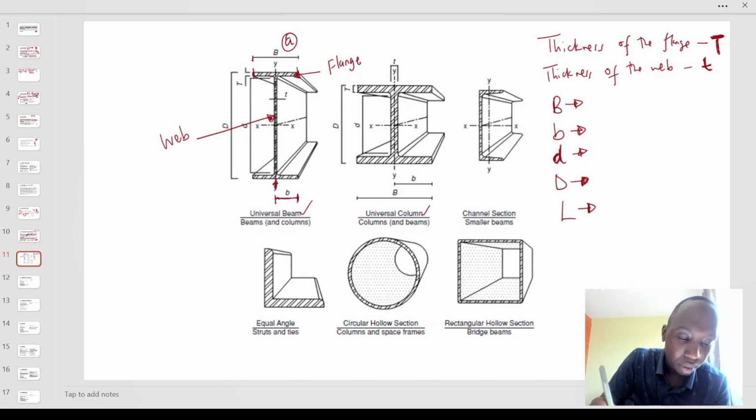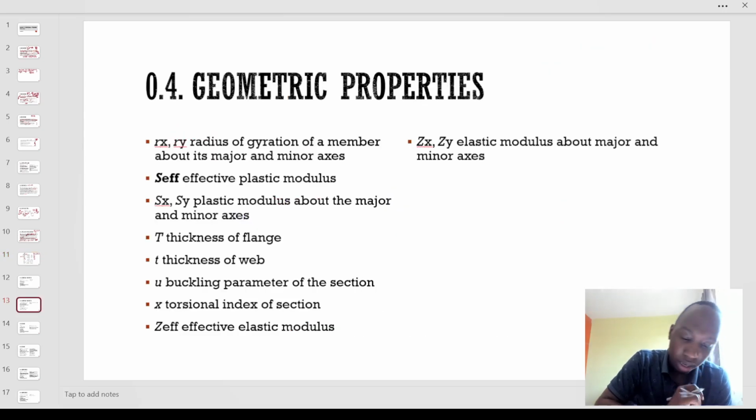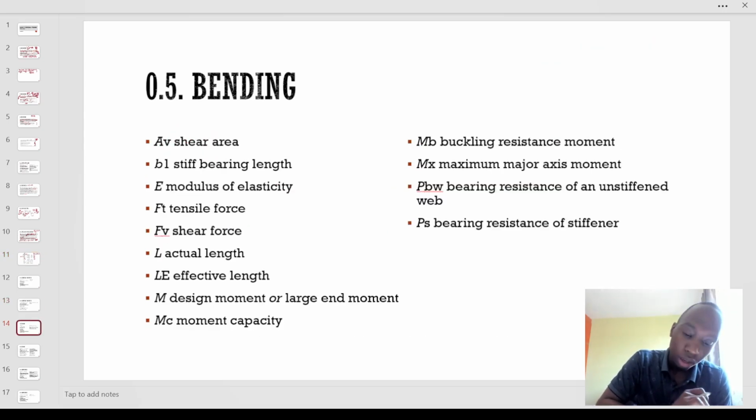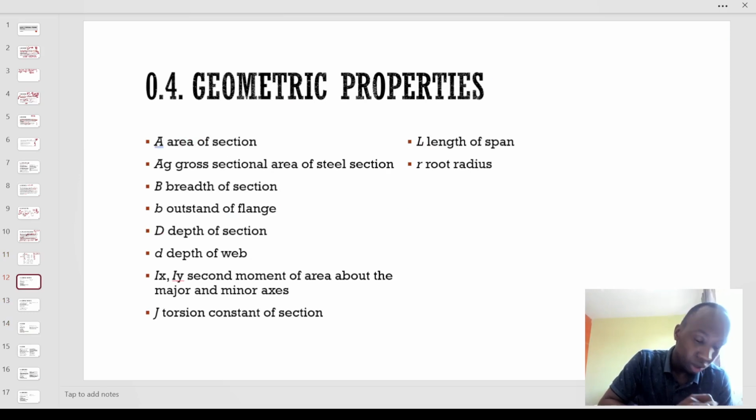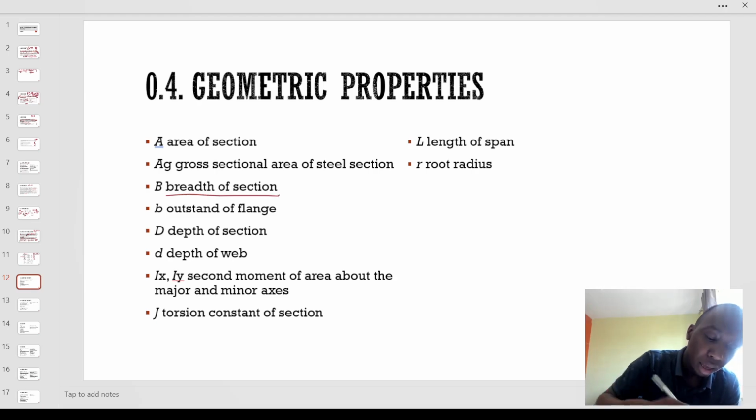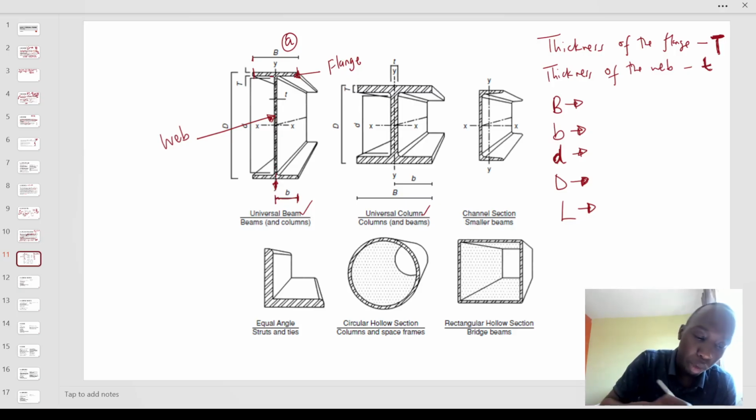Maybe we can just now look at some of these parameters here in the geometry. B is the breadth of the section.